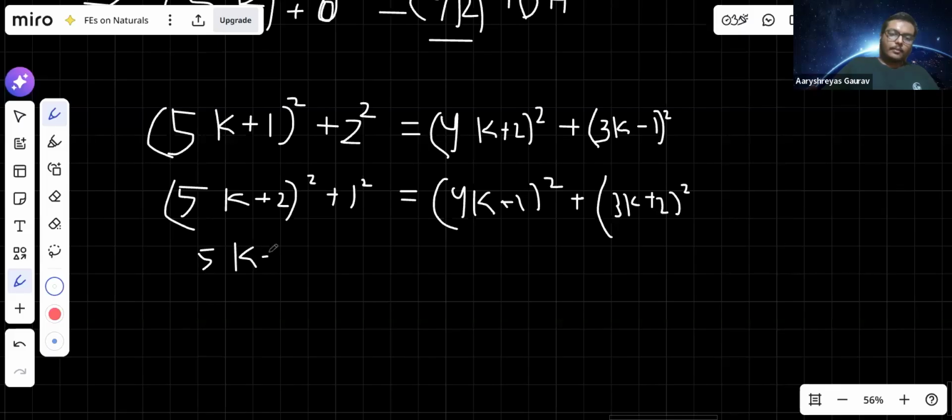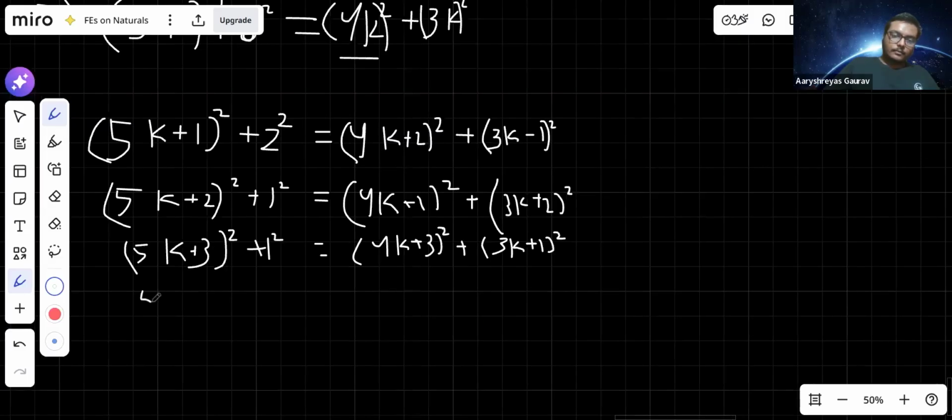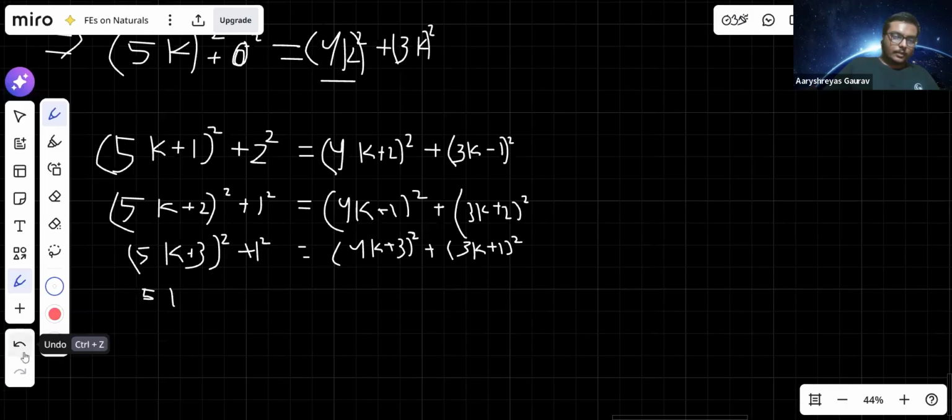Then we can try to find 5k plus 3: this plus 1 whole square is equal to 4k plus 3 square plus 3k plus 1 square. And the last one is going to be this.